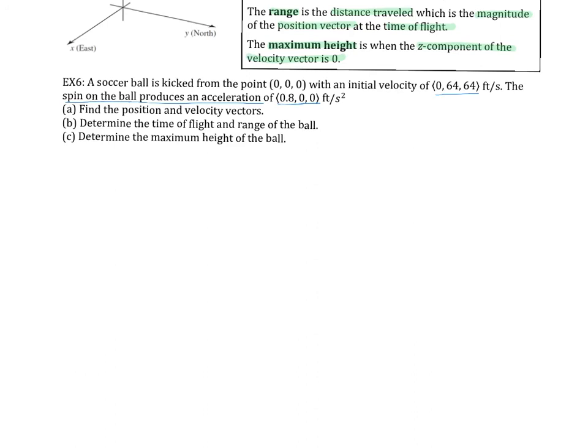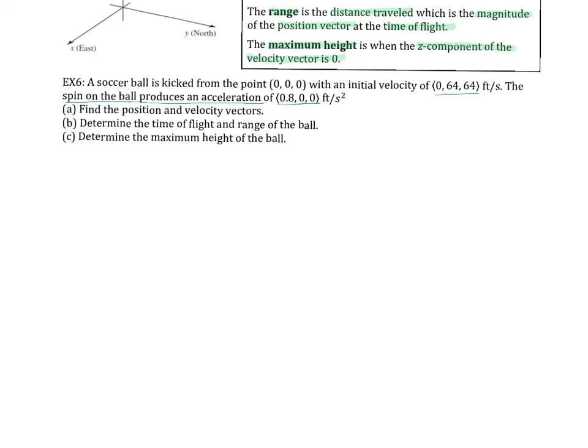So that's another force acting upon our object, and it's an acceleration force. So when we figure out total acceleration, we're going to have to take the force of gravity and add spin. So remember, when we talk about forces acting upon an object, we add all the forces together, and that gives us the total force that's acting upon an object.